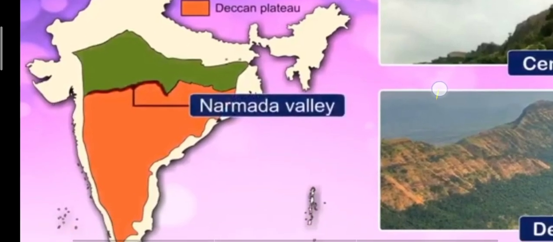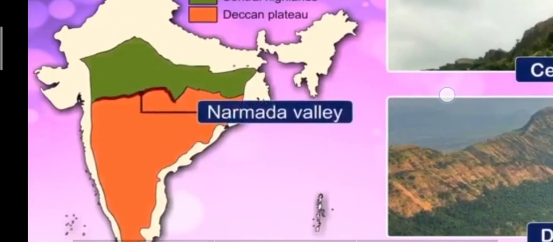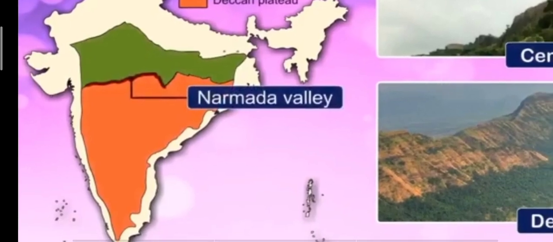Then the orange colored portion is the Deccan Plateau, and we can clearly see that most of the Southern Plateau is found in the southern part of India, and only a little portion is in the central part of India, or the middle portion of India.